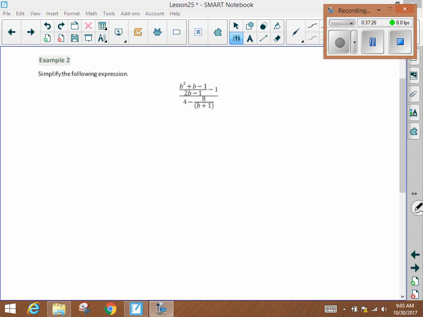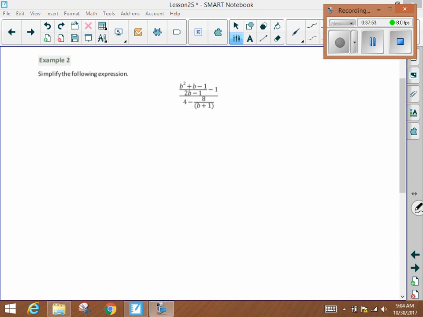And then I'm going to flip and multiply. Because remember, some people remember it as copy dot flip or whatever for dividing, because we are dividing. This says b squared plus b minus 1 over 2b minus 1 divided by, right, 4 minus 8 over b. Yeah, that's what we're doing.